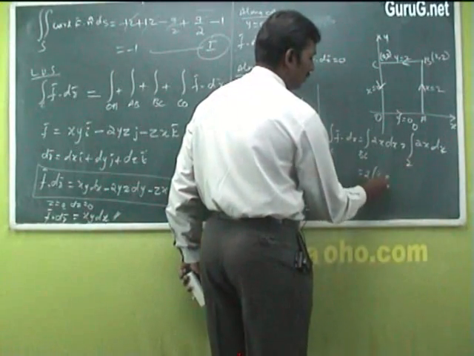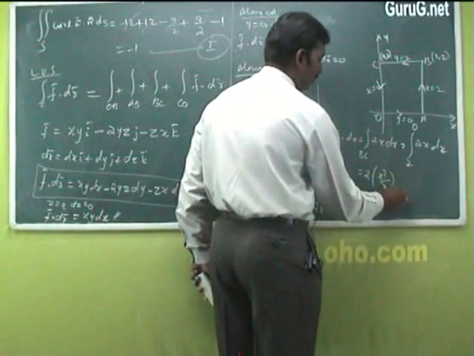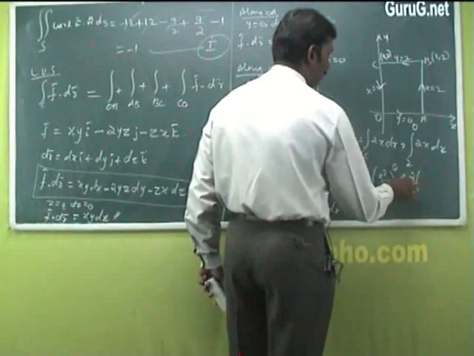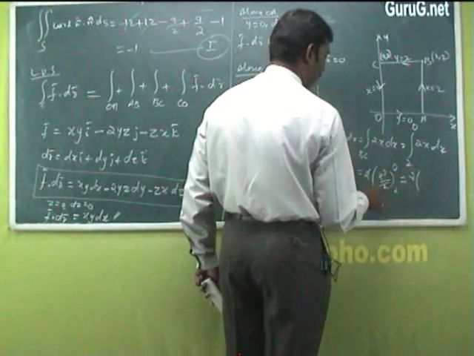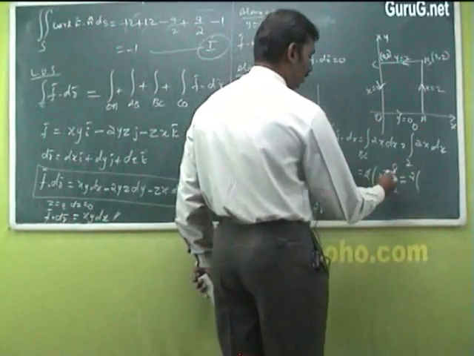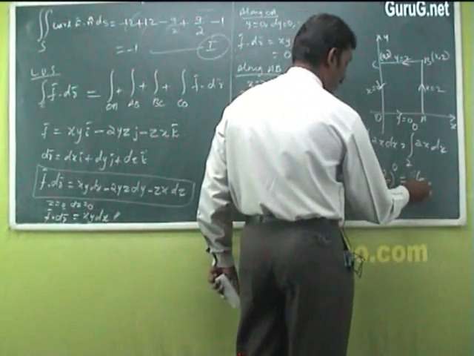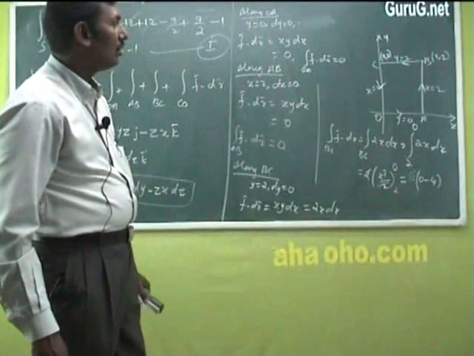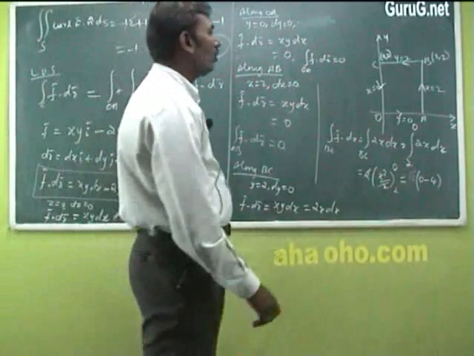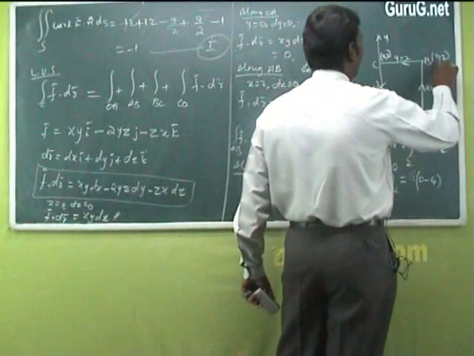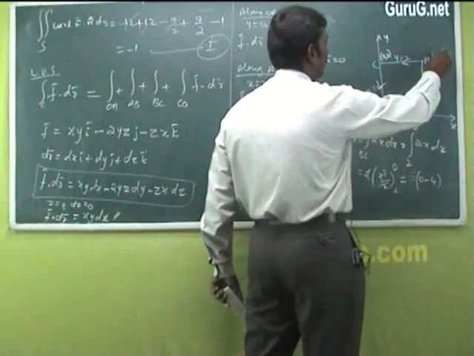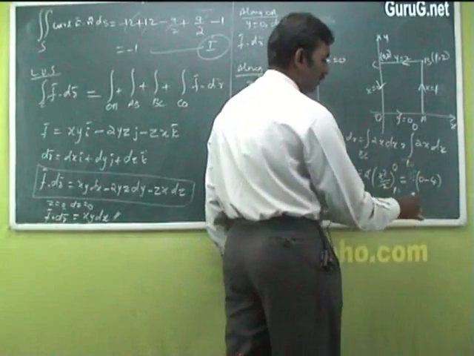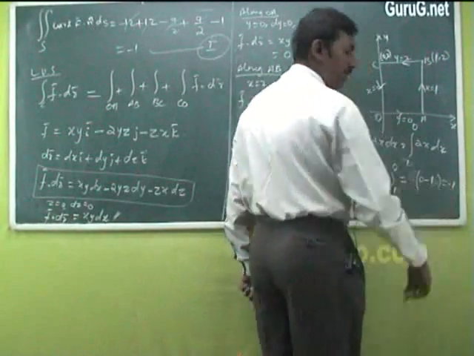So 2 into x squared by 2, 2 to 0. Sorry, x equal to 1, the line x equal to 1, right? Not 2. So 1 to 0. So you may get minus 1.